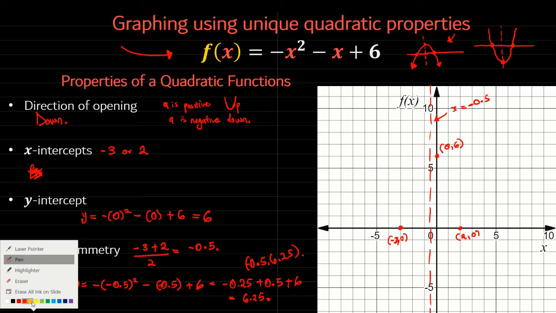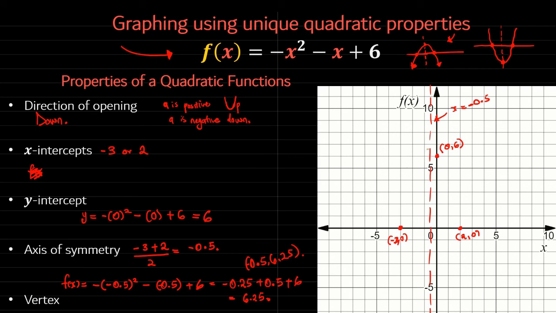Okay, so for my vertex, I'll use another color. My vertex would have to be right here, negative 0.5 and 6.25. So I'm just going to put it somewhere here, just a bit above that. Sorry, I know my graph is not looking the best right now, but you get the general picture, yeah?